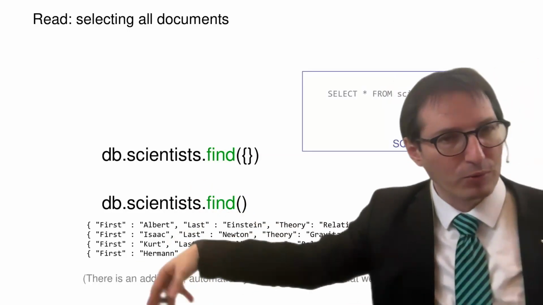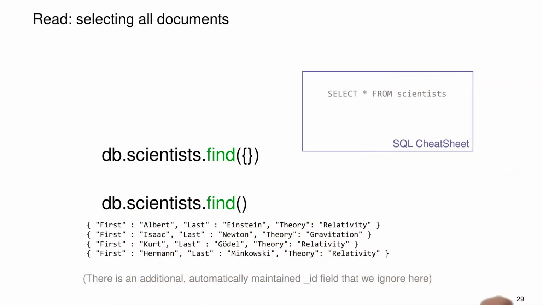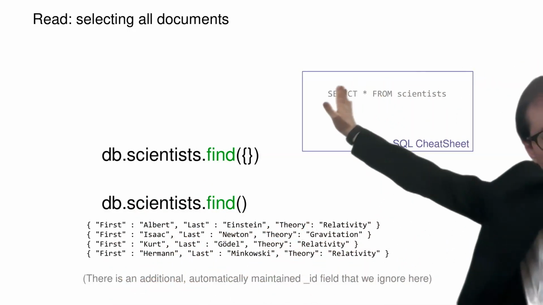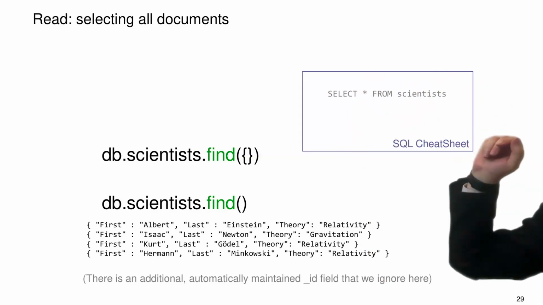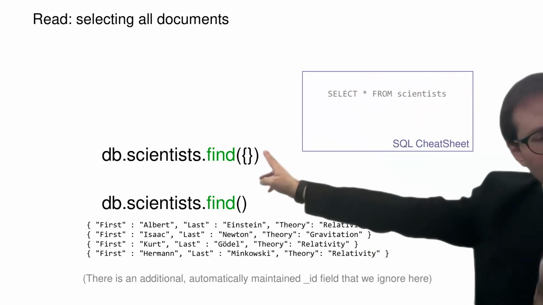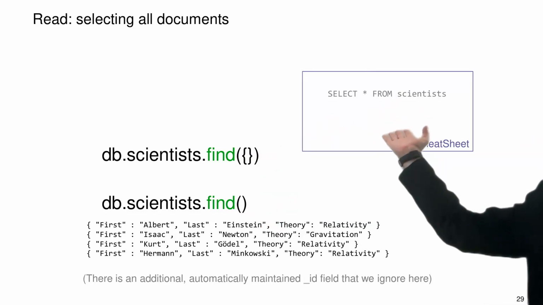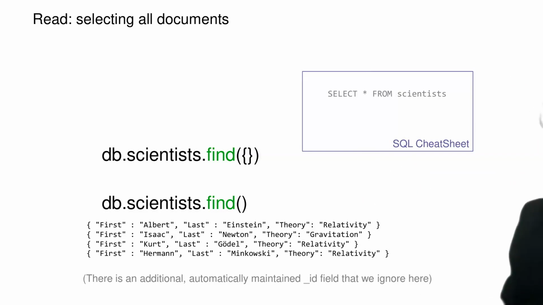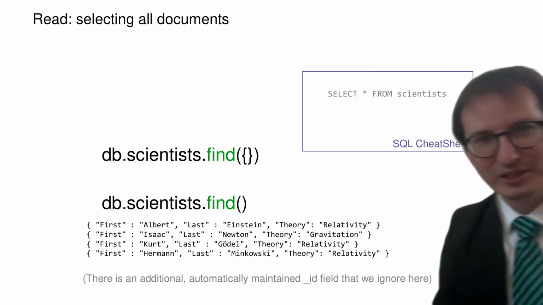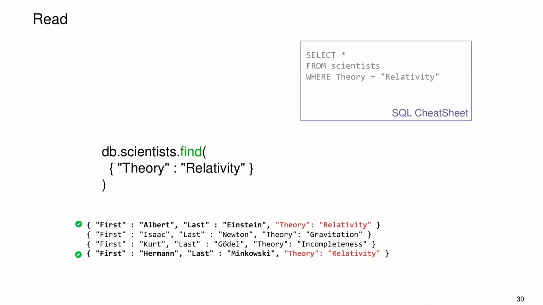I'm assuming we already imported data in there, and it displays this. I have this rectangle here that I put everywhere. That would be the SQL equivalent, if it exists. The SQL equivalent of that would be select star from scientists, right? Just returns the content of the collection. Everybody with me? That is the simplest possible, right? That's just outputting the contents of the collection.